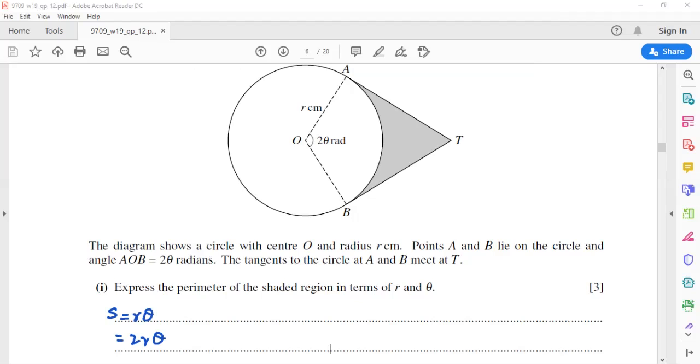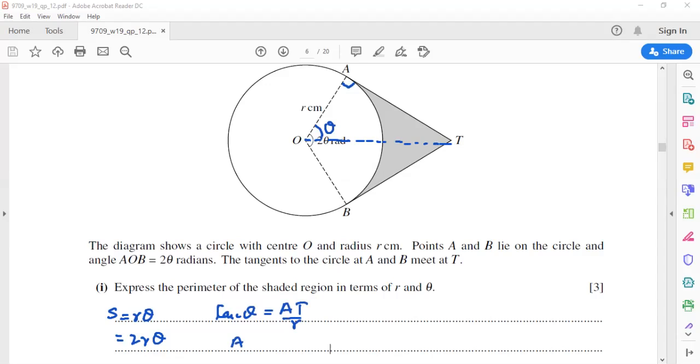Now the second one is we need to have the length of AT. Now if we divide it from here, this will be divided into two triangles. This angle is at 90 degrees. So we can find it from here. This will become theta. So tan theta is equal to AT over r.